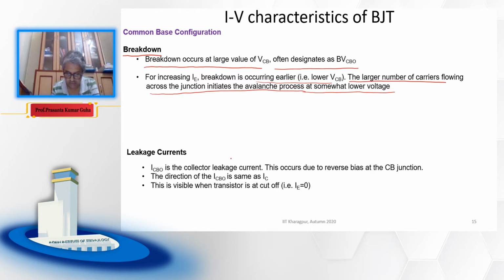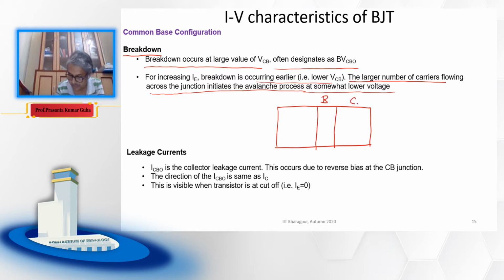Now what about leakage current? As I mentioned, leakage current is there in any PN junction when it is in reverse bias. This leakage current exists between base and collector because we have reverse biased this junction. Why this leakage current?